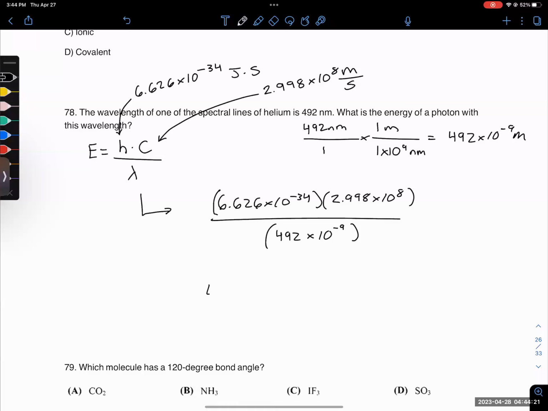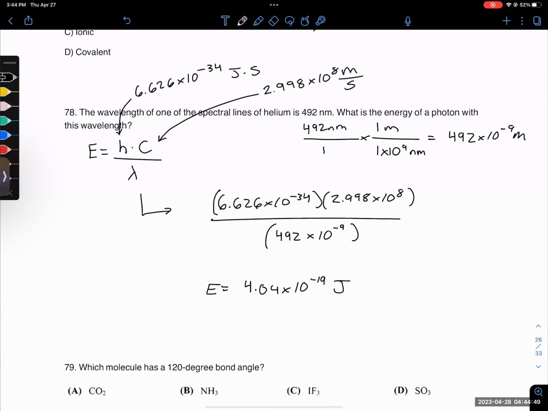I get 4.04 times 10 to the negative 19 joules. Then after that, do you have to divide by some other number?